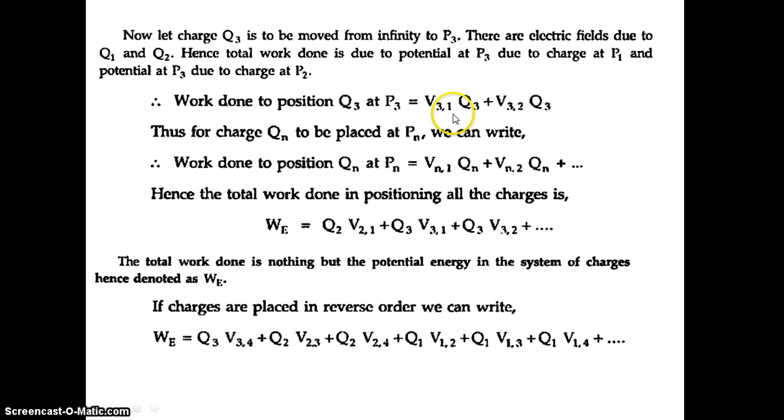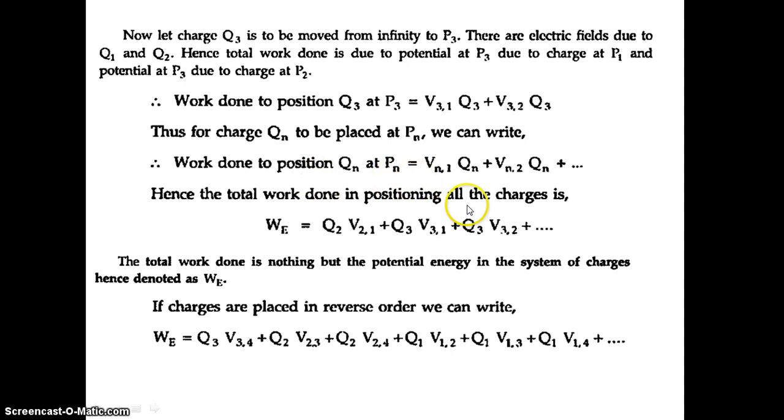That means the potential at point 3 due to the first charge, and the potential at point 3 due to the second charge, times Q3, the third charge. If you go on adding n charges, the work done to position the final charge Qn at Pn is given by Vn1 Q1 plus Vn2 Q2 plus etc.